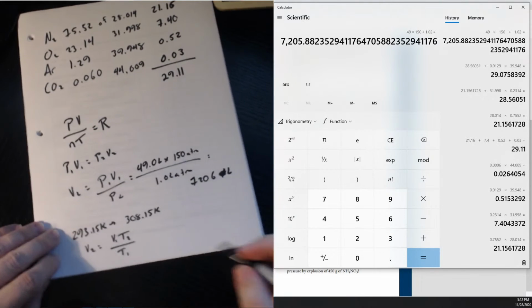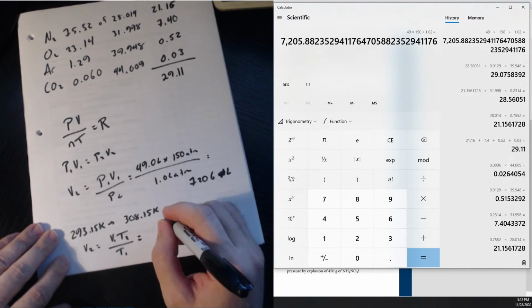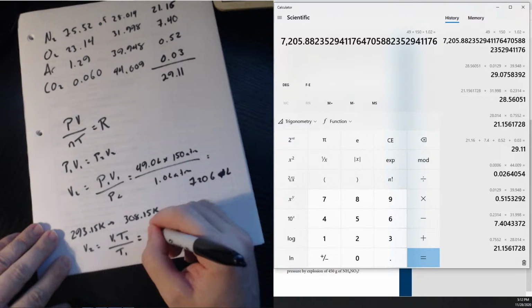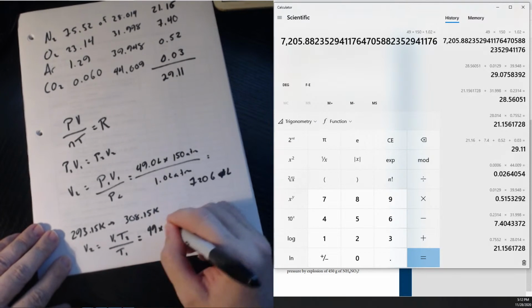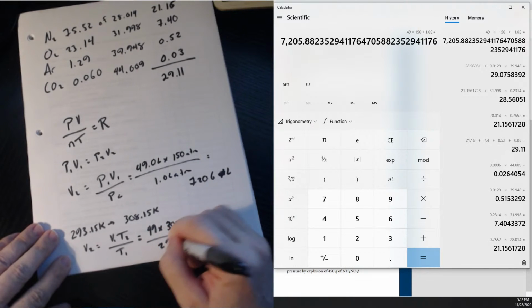We're solving for volume 2: 49 times 308 divided by 293.